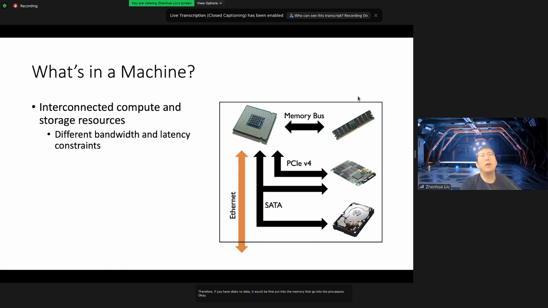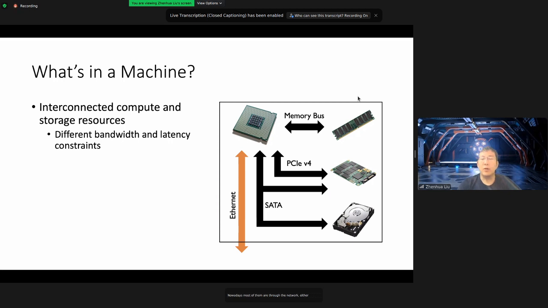Okay, with the storage, the processor, and the interconnect between them, you can already have a server, a machine. But you also want to put data onto the machine, or get data out of the machine. Traditionally, you could use a flash drive to do that, but nowadays most of it goes through the network.